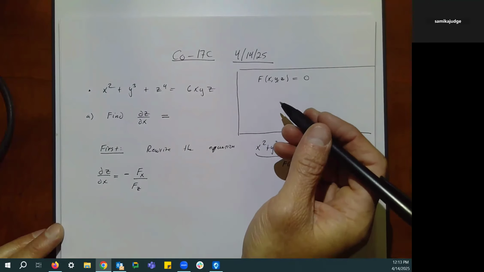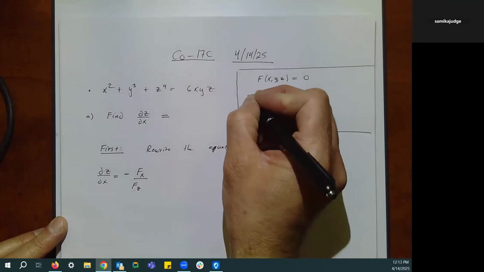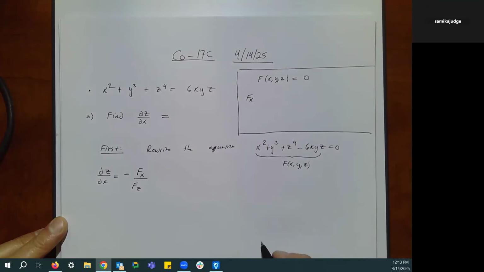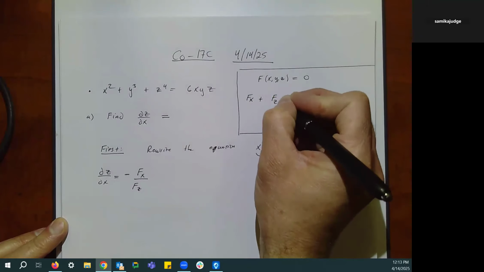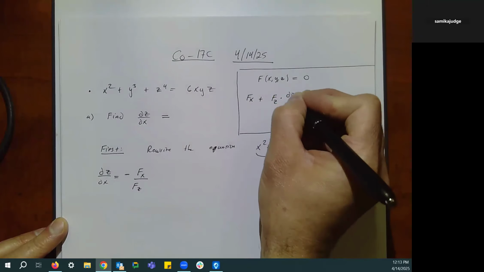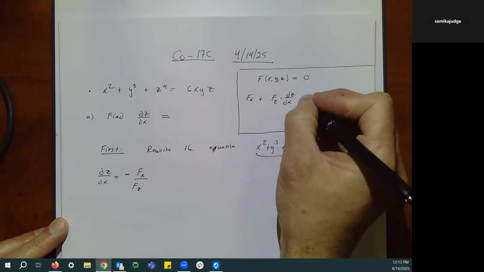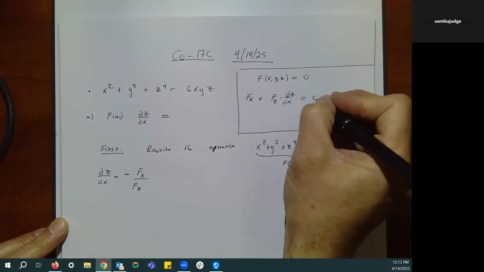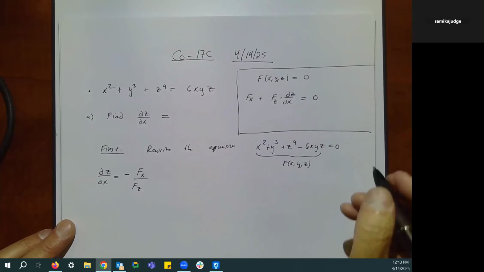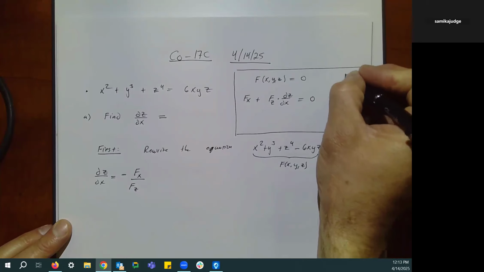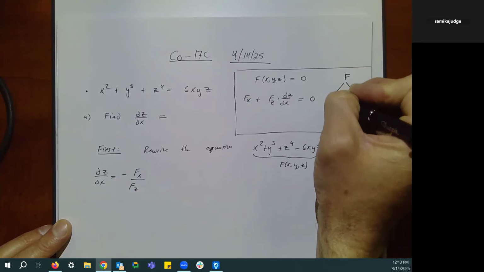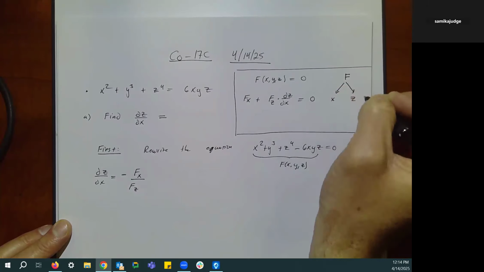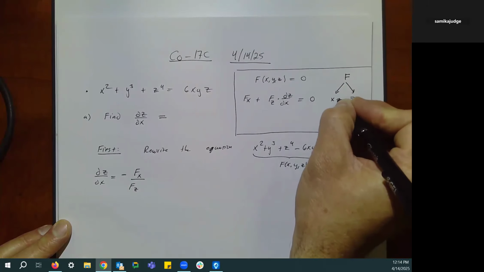Well, we're going to get two parts. We're going to get the partial derivative with respect to x. And then we're also going to get the partial with respect to z times the partial of z with respect to x. The derivative of 0 is still 0. This is coming from the fact that we're assuming f depends on both x and z, and z also depends on x.